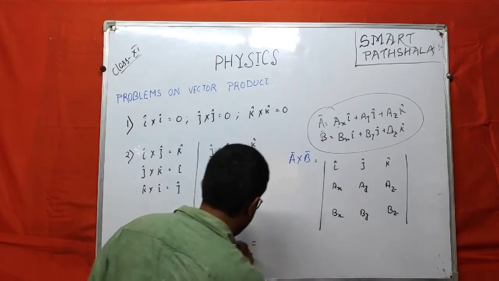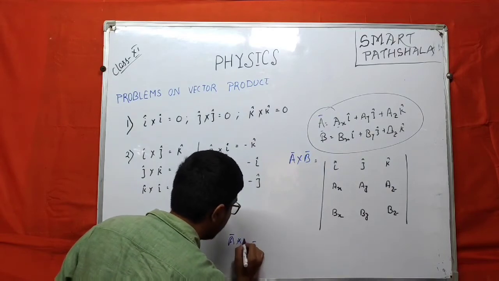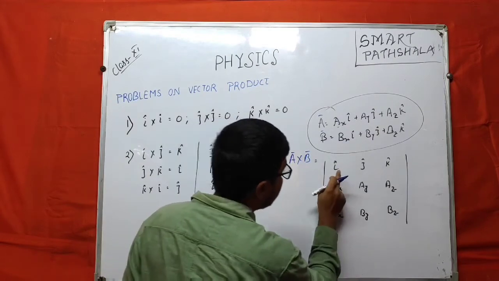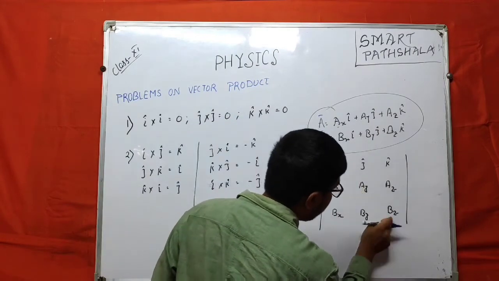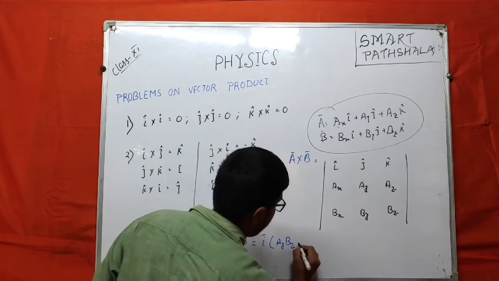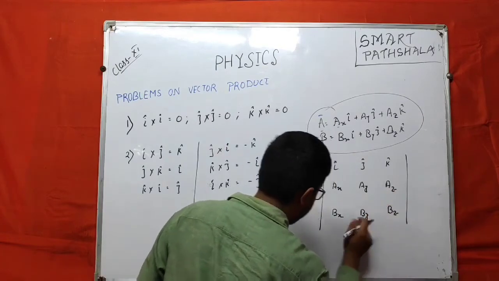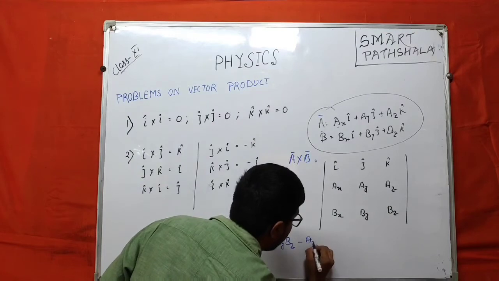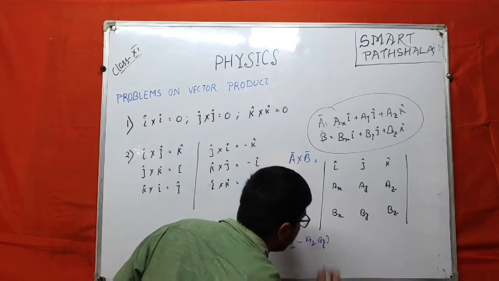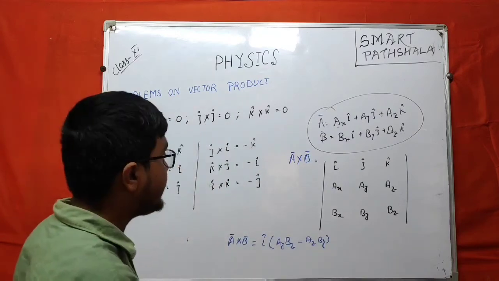Now, A cross B equal to I cap into AY BZ minus AZ BY. What is the way to remember it?